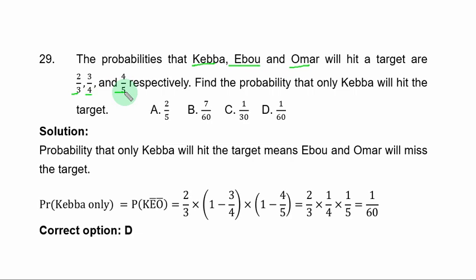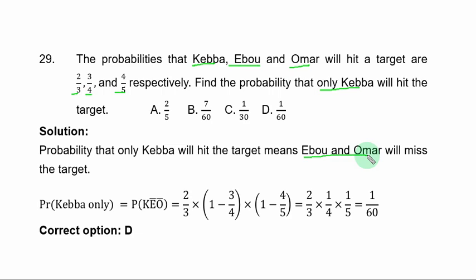Find the probability that only Keba will hit the target. What that means is that if Keba hits the target, Ebwe and Oma will miss. But the probability of them missing is not given.